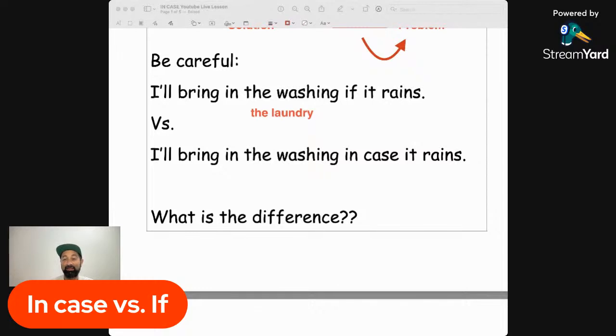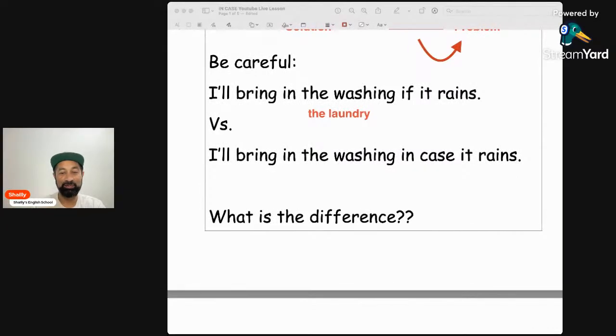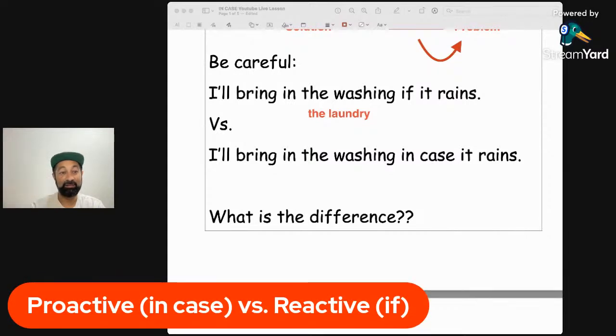And I'll give you another hint. I'm going to put a banner on the screen here. All right, I'm going to change the position of where I am. And let's look at this next banner here. It says proactive versus reactive.